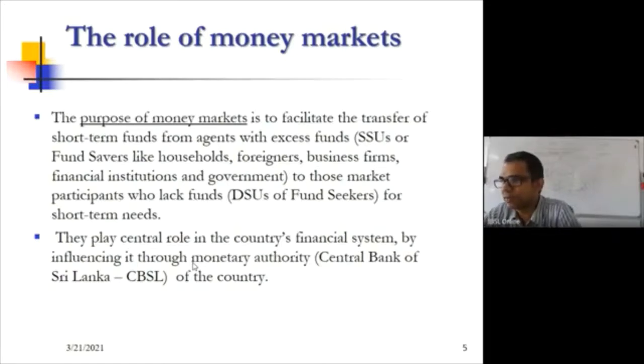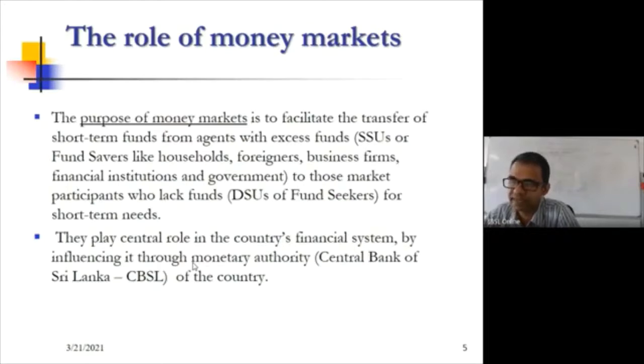So the role of the money market, as I mentioned, is that there are deficit units and surplus units. But the surplus is only for a shorter period. Deficits are also for a shorter period. So to cater to these requirements, the money market is there. Those who have surplus funds for a shorter period can lend to those who need funds for a shorter period.